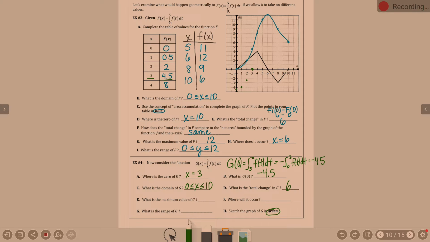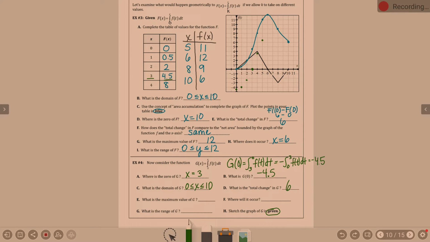We already have 3, 0. Let's see, it was at 4, 8. So if we move that down 4.5, we're going to be at 3.5. It was at 5, 11. If we move that down 4.5, we're now at 6.5.